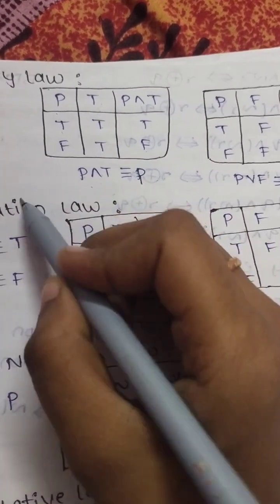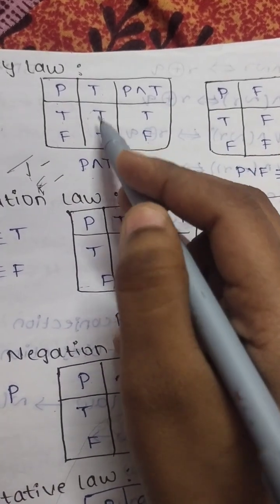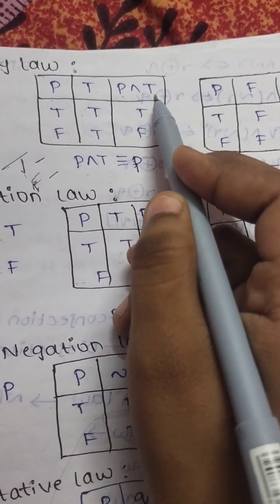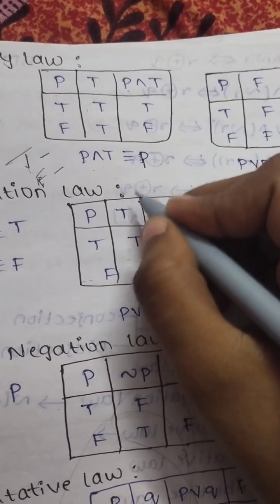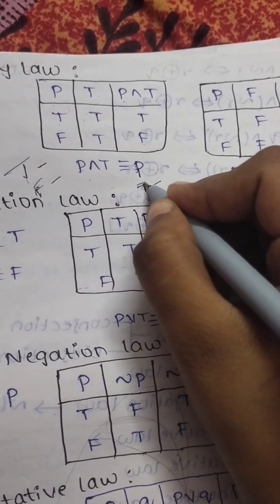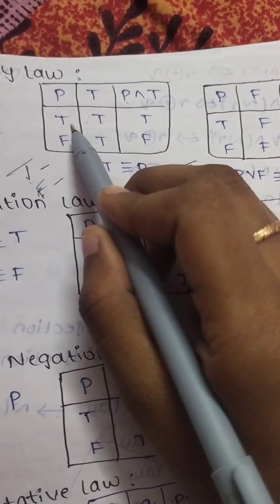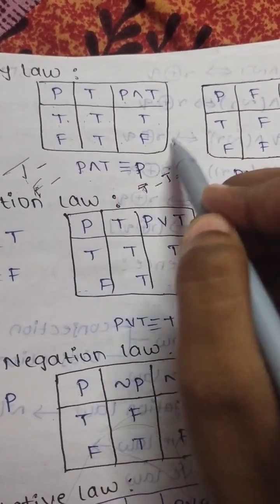So we are taking both as true. So P and T operation. For the AND operation, when P is true and the other is true, then it is true, remaining all are false. True, true is true, remaining all are false.